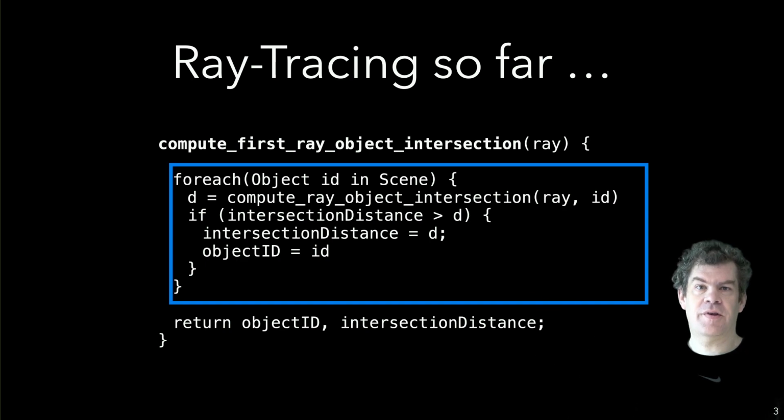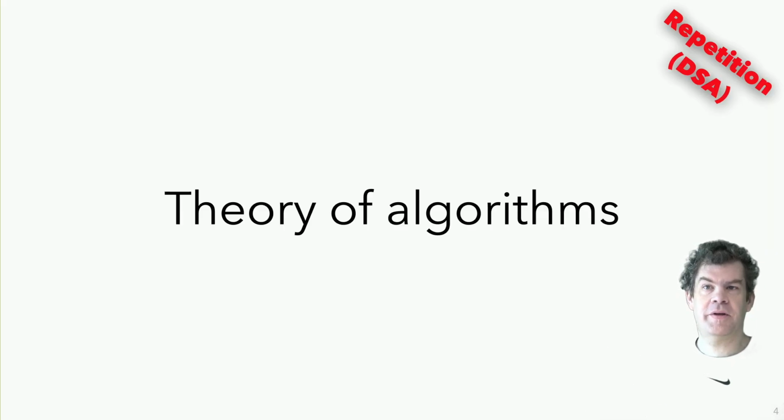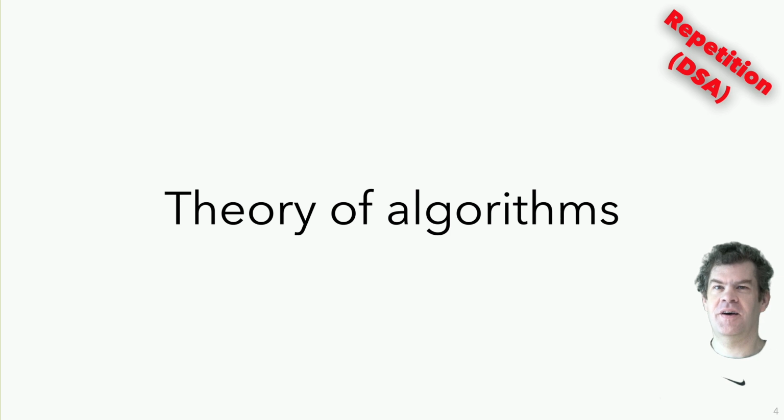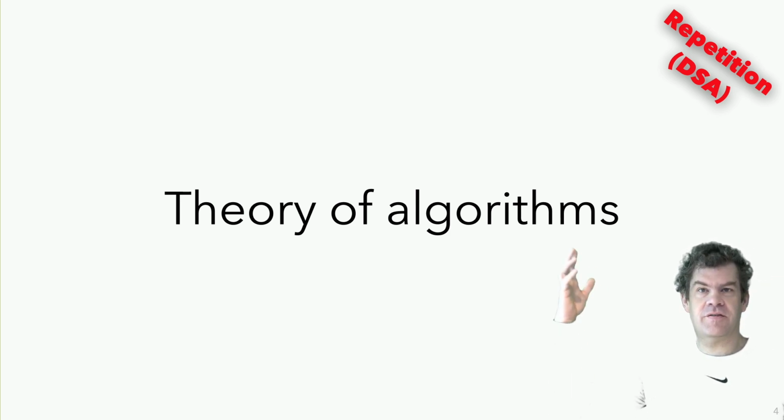Before I do this, however, I'd just like to quickly repeat something from your bachelor's classes. And this is also why the color changes here, because I literally copied the bright slides from the second semester computer science data structures and algorithms class.